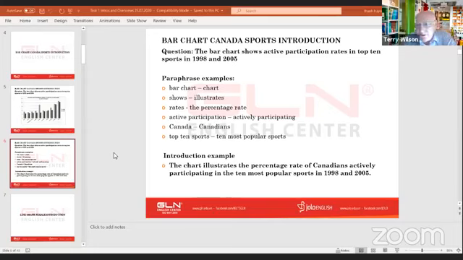Active participation, which can change the form of a verb or a noun, so actively participating. A good way to paraphrase a country is to change it to the nationality. So Canada will become Canadians. And the question says top 10 sports. And we can simply change that to the 10 most popular sports.